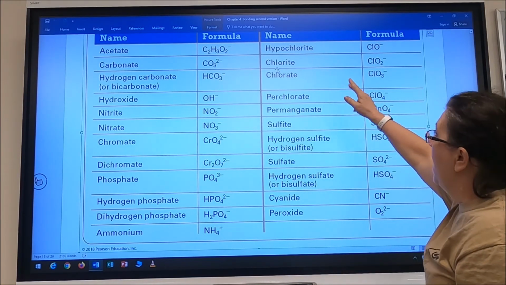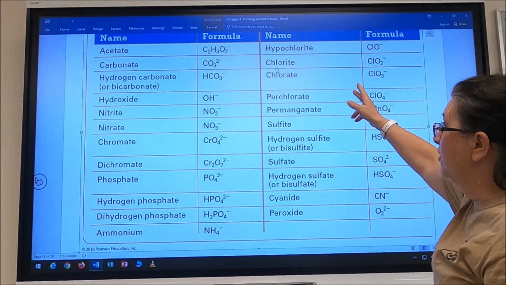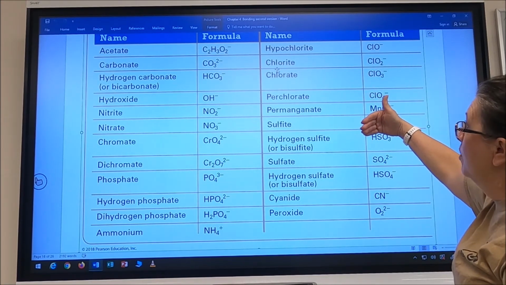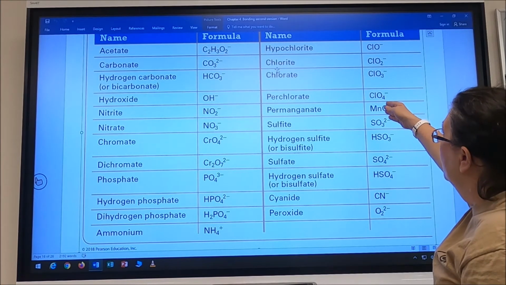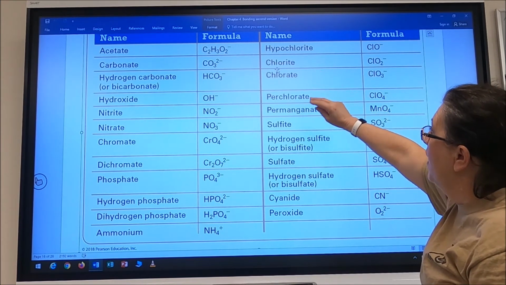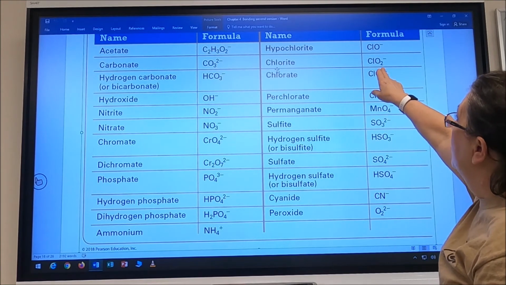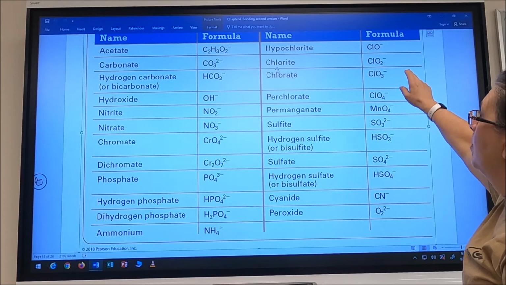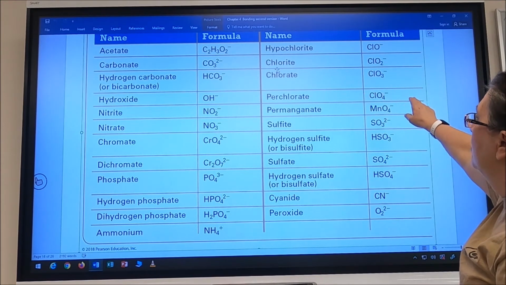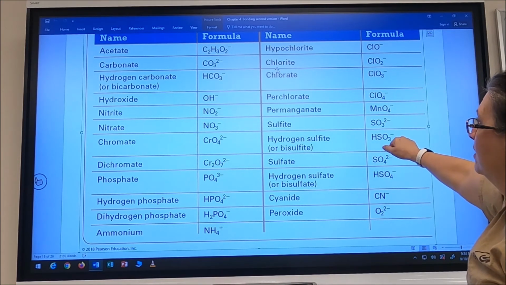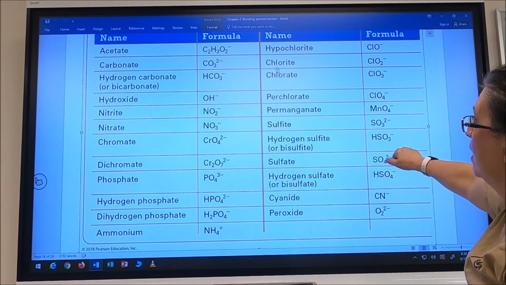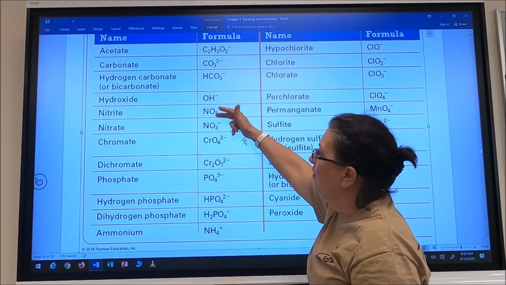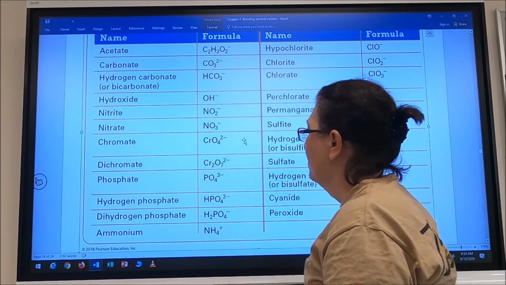Ite and ate as suffixes distinguish between high and low number of oxygens, and because there's 4 in this, we have a prefix of hypo and per. So the smallest number of oxygens is hypochlorite. The next one up is just chlorite. Next one is chlorate, and then perchlorate. Notice with nitrogen combining with oxygen, there are only 2 options. So I have an ite and an ate ending.